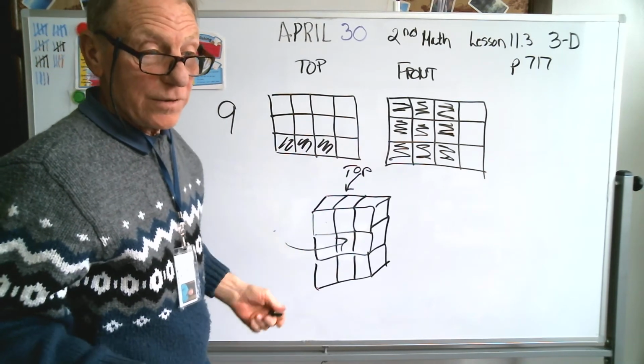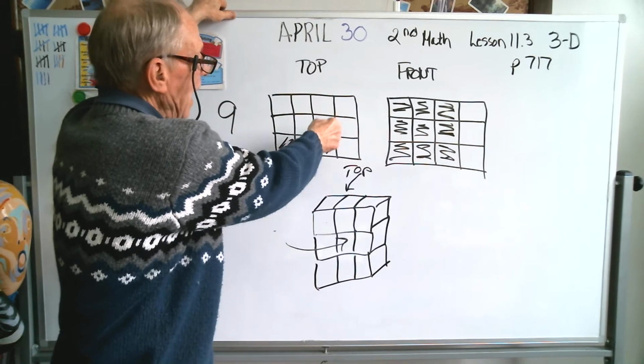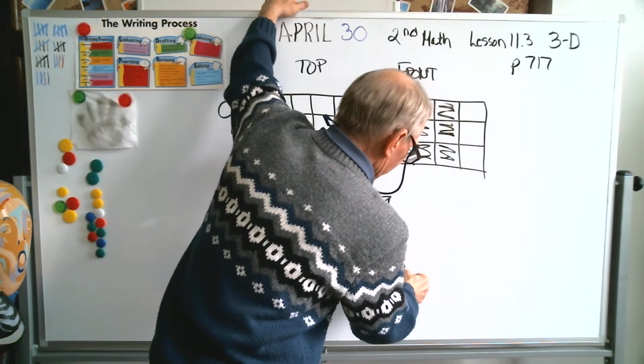Now, you could have done it just the opposite too. You could have done the 9 on top, and then your box would have looked like this.